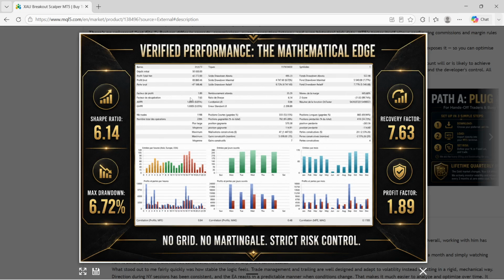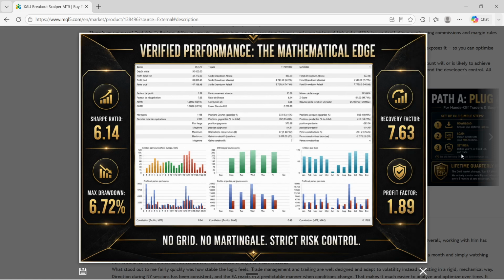The profit factor was 1.89. The max drawdown was 6.72%. And the recovery factor was 7.63. You can see they emphasize no greed, no martingale, strict risk control.